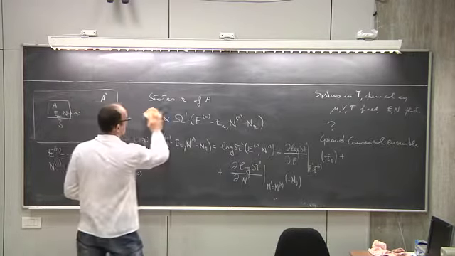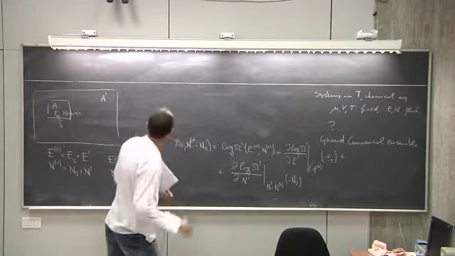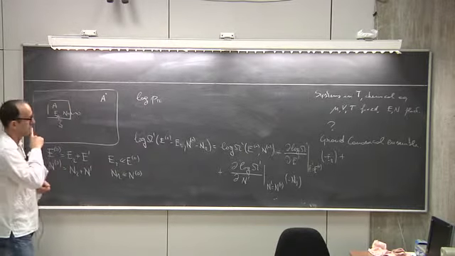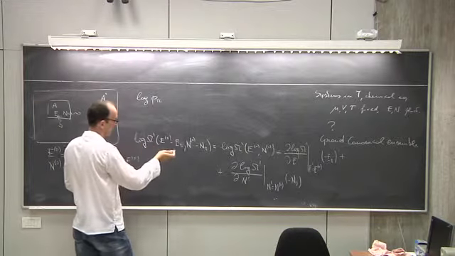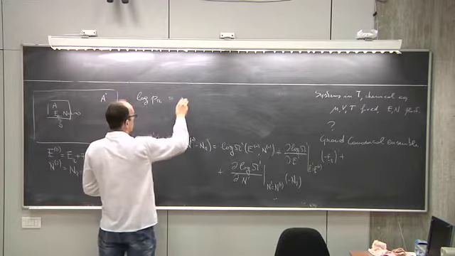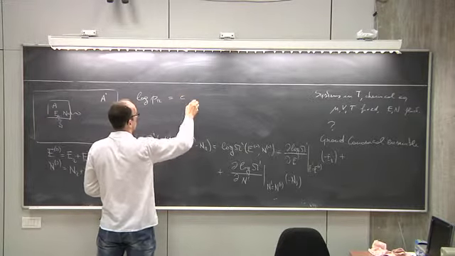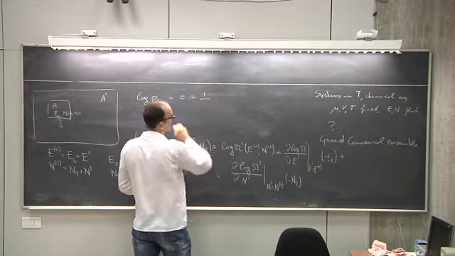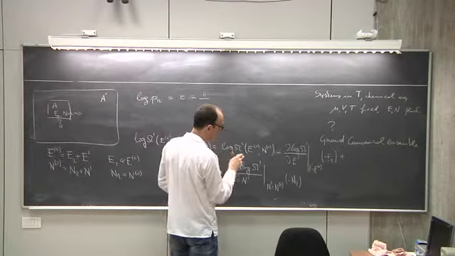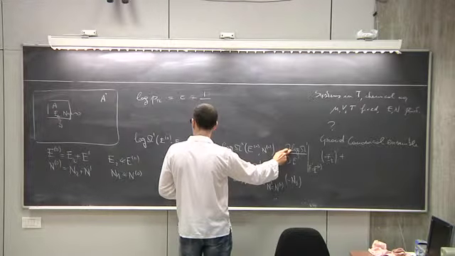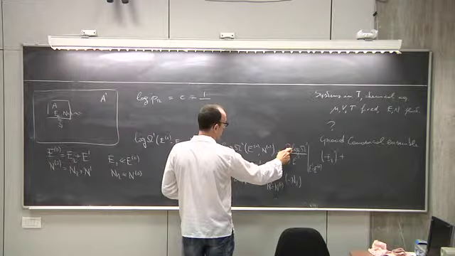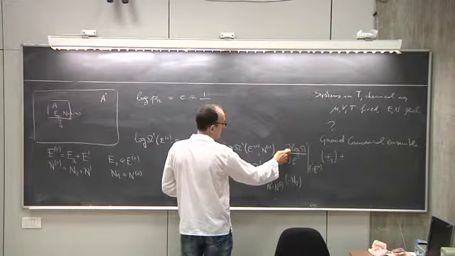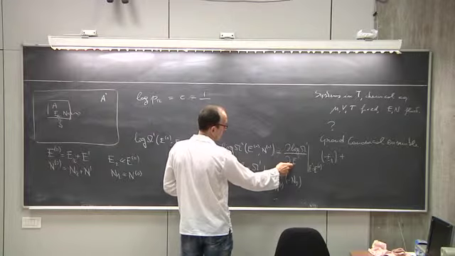so what we find from this is that the log of the probability to find the system in a state R will be equal to a constant minus, well, so we know that k times the log of omega is the entropy, and the derivative of the entropy with respect to the energy is 1 over the temperature.